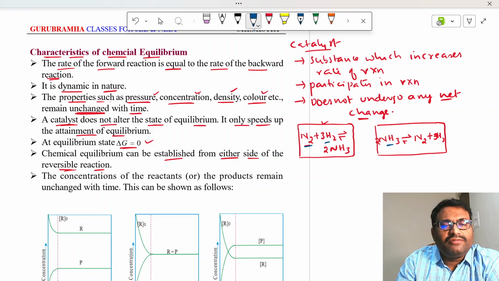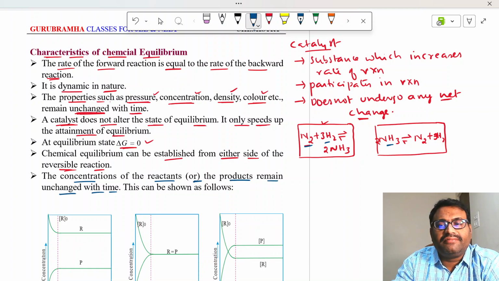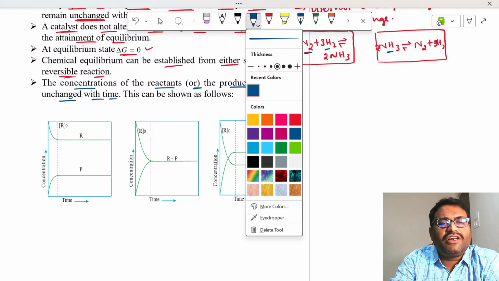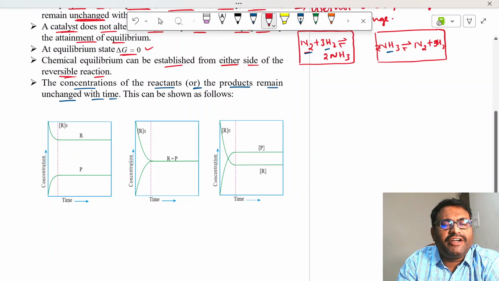Then the concentration of reactants or the products remains unchanged with time. That is what is shown here. You see, in the first graph, what do you find? This is the reactant. This is R0, meaning R0 is the initial concentration. On the y-axis, what is taken?